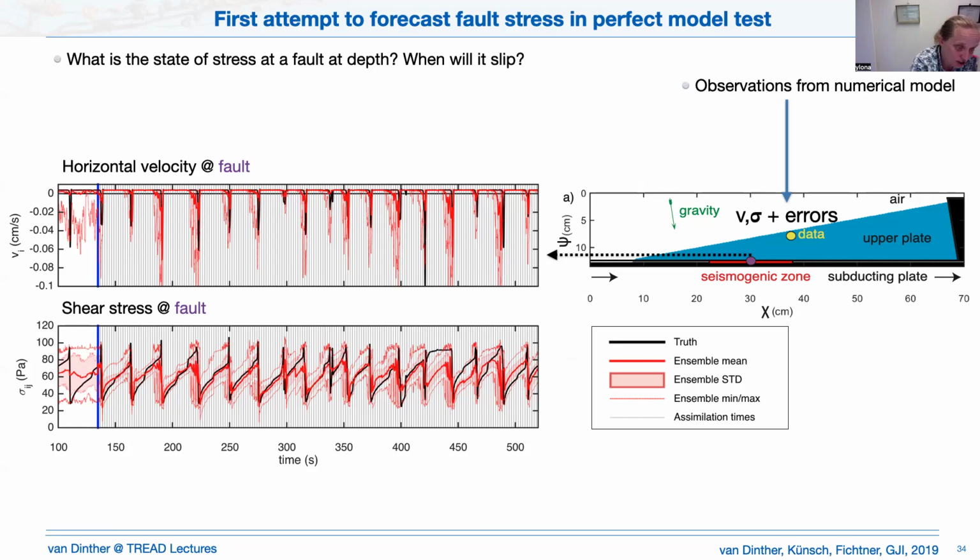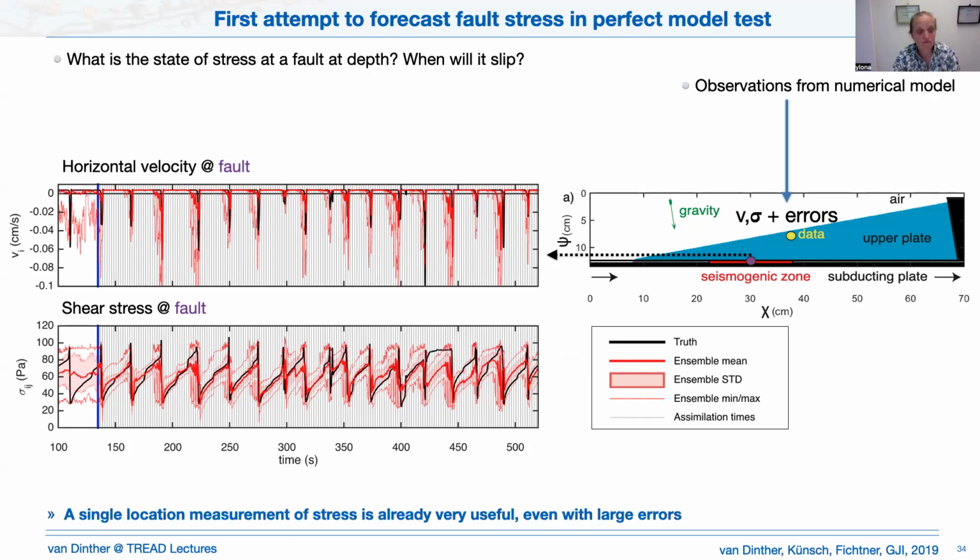Once you start to assimilate data, the model knows, well, I had to increase the shear stresses, and after the event was there, it knows the stresses dropped. As you keep propagating forward in time, you see that it can capture this shear stress pattern fairly well once we add the data into this simple perfect model test.